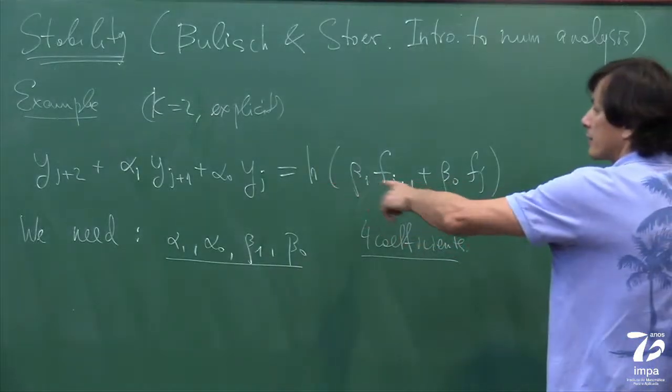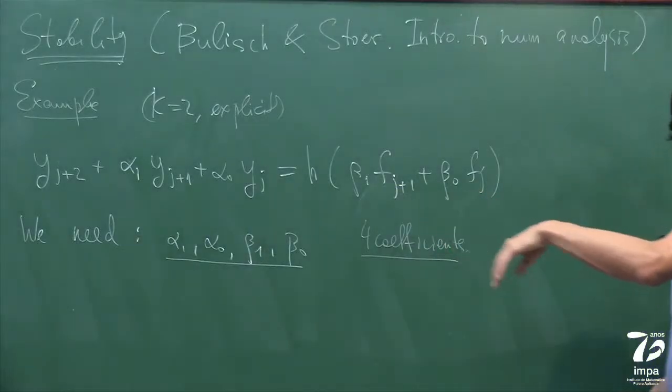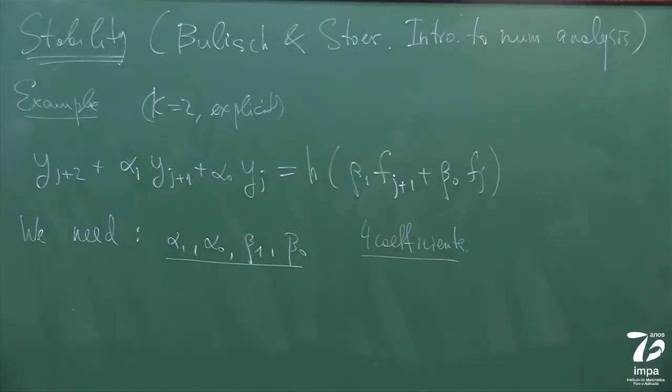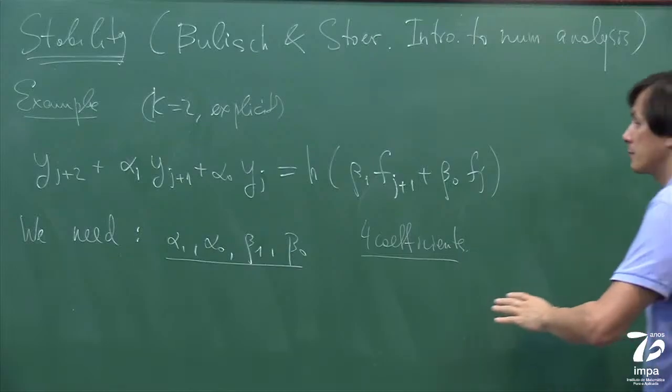With 4 coefficients, we will see what we will do. We will expand it in a Taylor series and just use the coefficients in order to compensate the lowest order terms. So the 0 order term, first order term, second order term, third order terms, as much as we can.